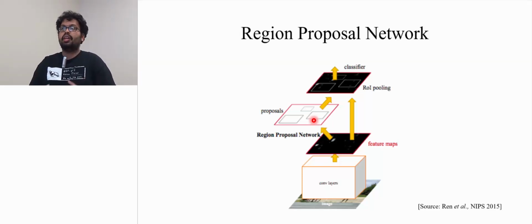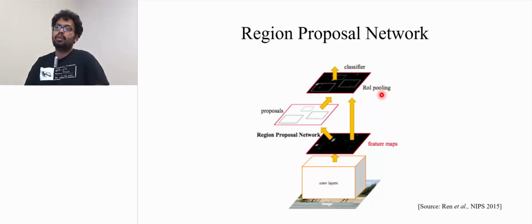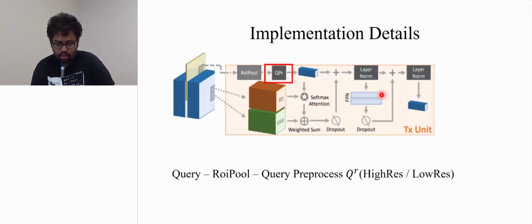So in order to bring them into a common spatial resolution, an ROI pooling layer is used here, and the ROI pooling layer brings all these different proposed regions into one common resolution of 7 cross 7, and that is why we have earlier seen that from 25 cross 25 the query feature becomes 7 cross 7.